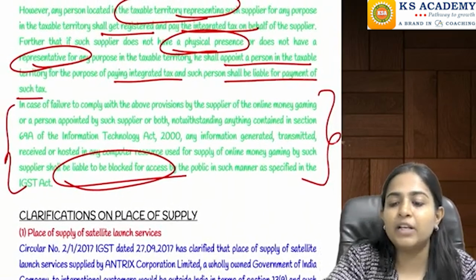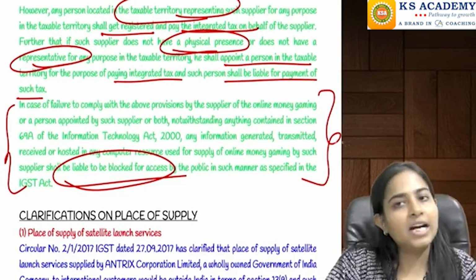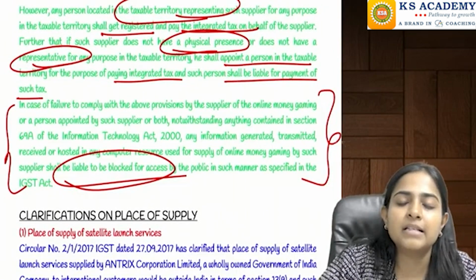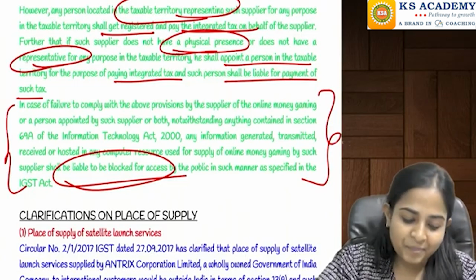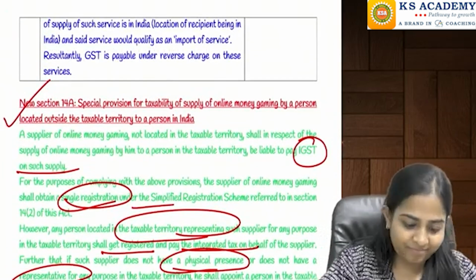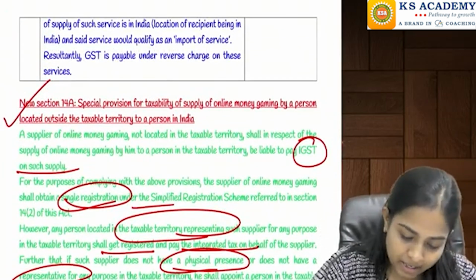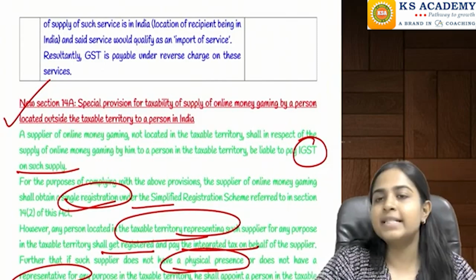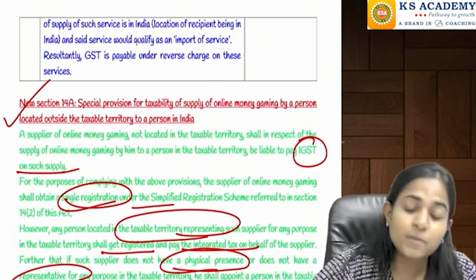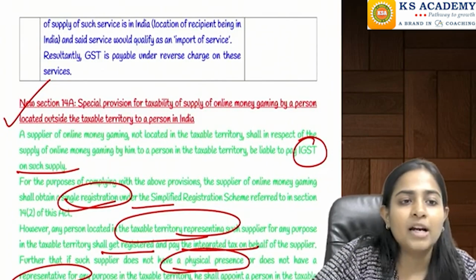Means basically, if the government does not get the tax, the government will stop you from supplying the services here in India. Are you clear with this simple section? Yes. Okay, that's it. All these points were basically newly added in your place of supply chapter.